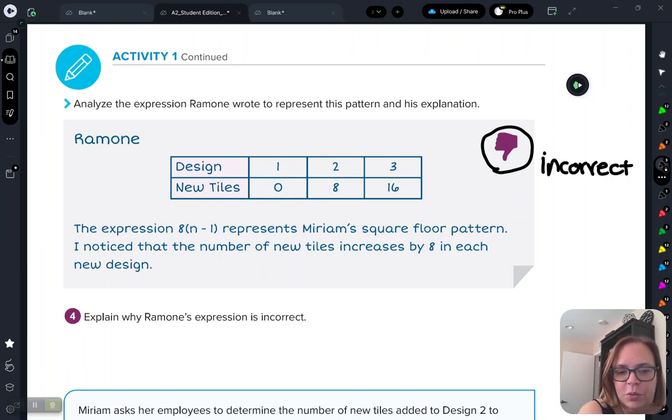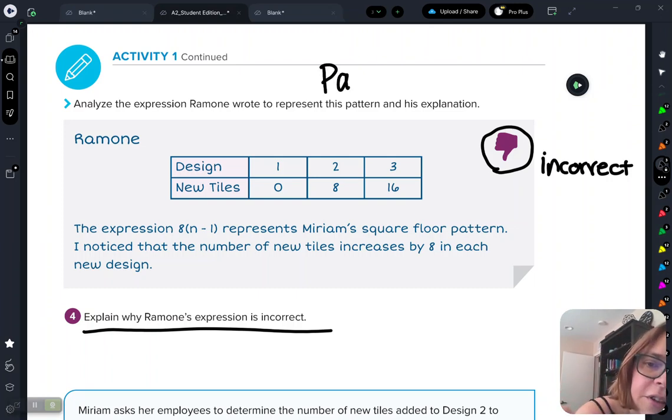Yes, explain why his expression is incorrect. So the expression 8 times n minus 1 represents Miriam's square floor pattern. I noticed that the number of new tiles increases by 8 in each new design. So why don't you pause and look at that and see if you can figure out what's wrong with it.